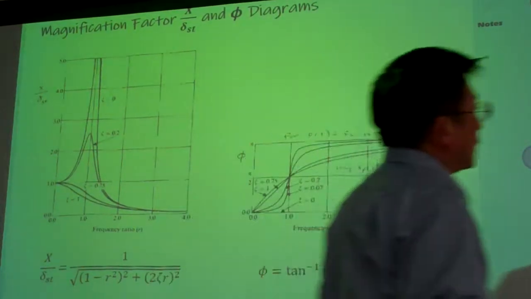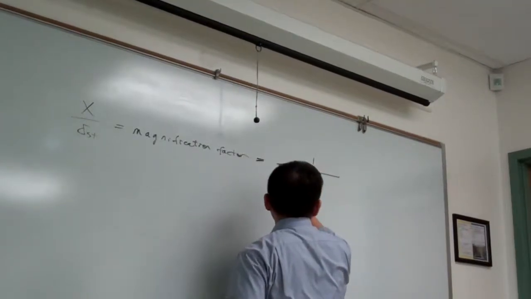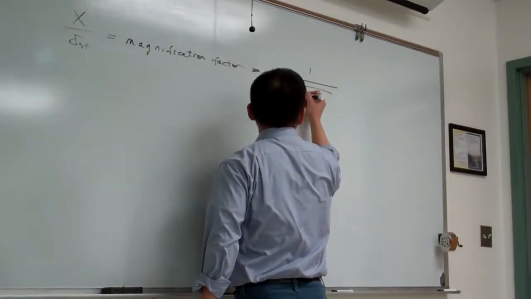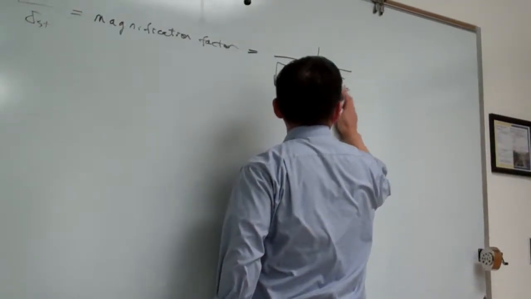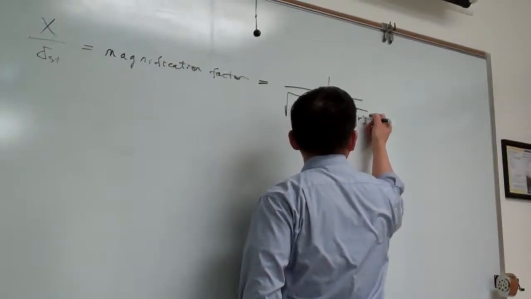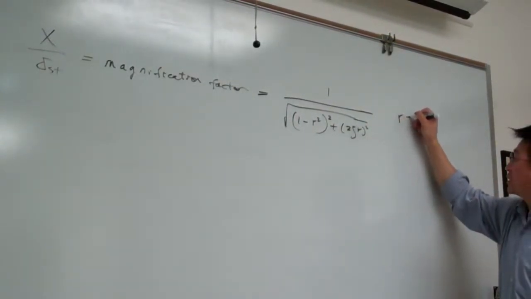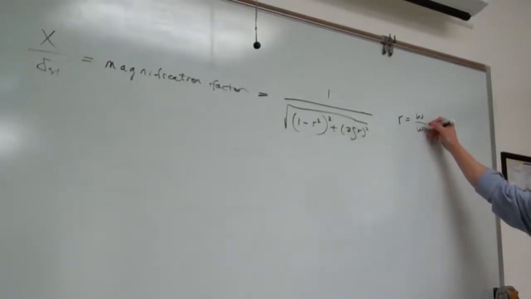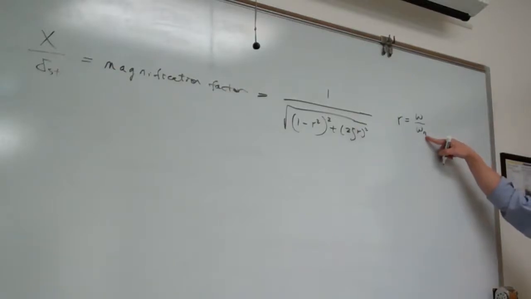So for the damped vibrations we have this 1 minus r squared, and I simply copy from this slide. Okay, so again, r is our ratio of the frequencies, the working frequency with respect to the undamped natural frequency.